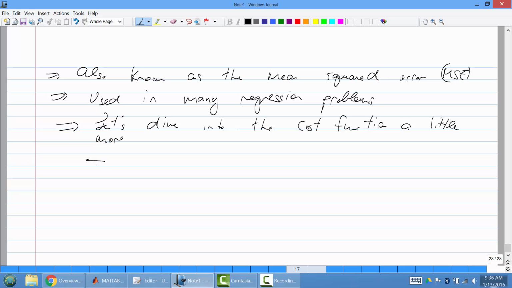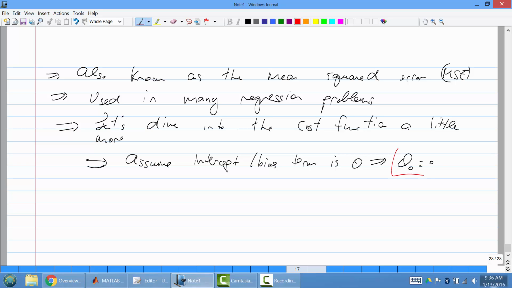Okay, so for now, let's assume that there's no intercept term. Let's set theta 0 to be 0, so all you're doing is fitting a line through the origin. Let's just make it simple and assume the intercept, or the bias term, is 0 for now, without loss of generality.